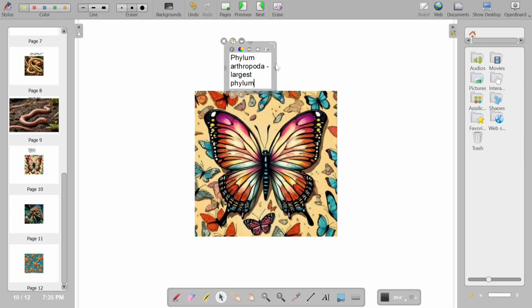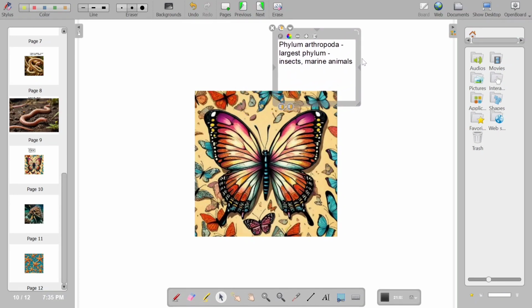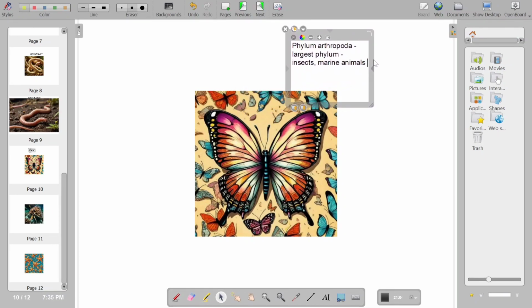Poda means legs; arthropoda means jointed pair of legs. In this category, mostly insects as well as marine animals like crustaceans, prawns, crabs come in this category. Then scorpions, spiders.